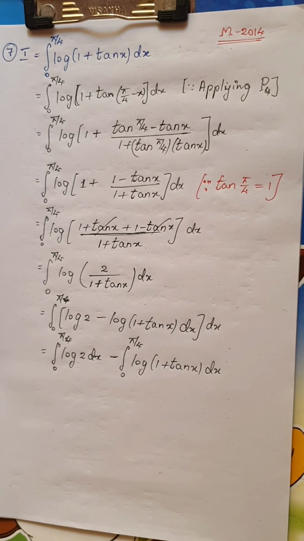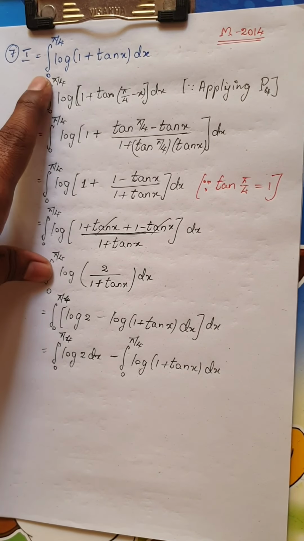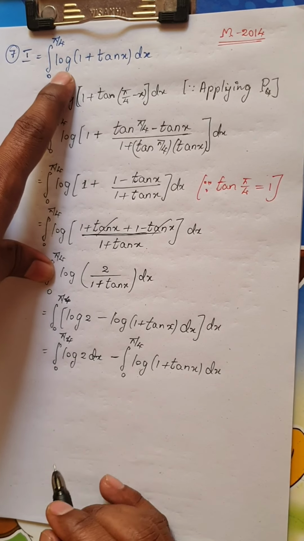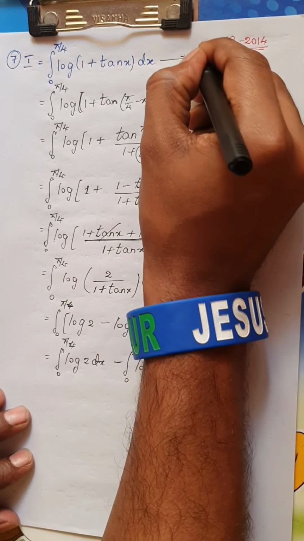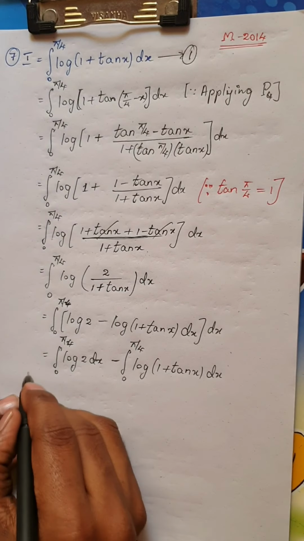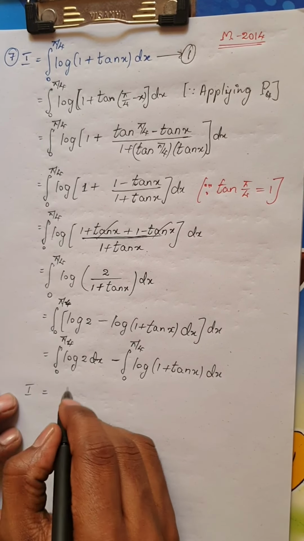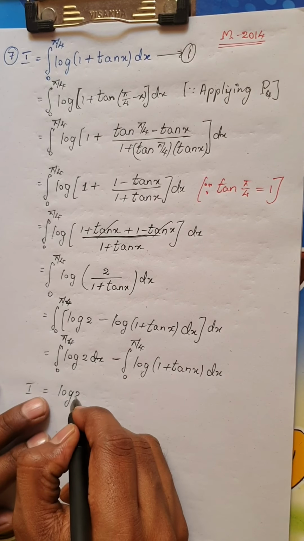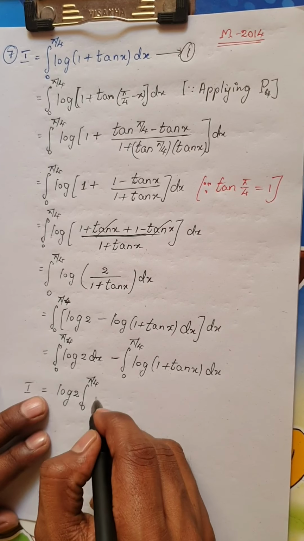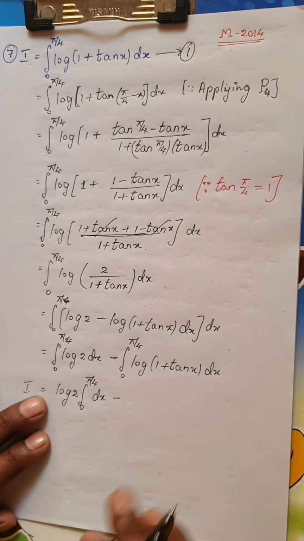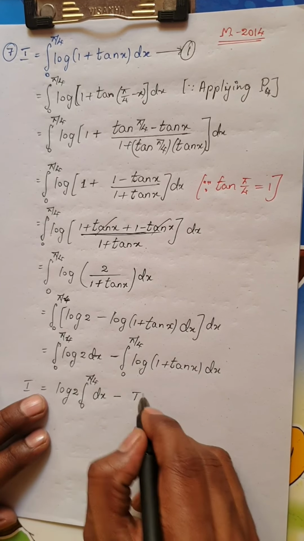Now dear students, you should be noting that we started with 0 to pi by 4 log of 1 plus tan x dx. Let me take it as equation 1. Now the left hand side is I. Log 2 is a constant, let me keep it outside: log 2 integral 0 to pi by 4 dx minus, we know this is nothing but I.